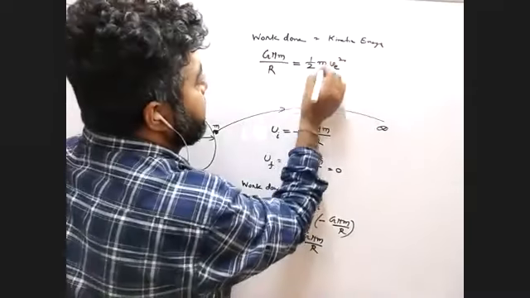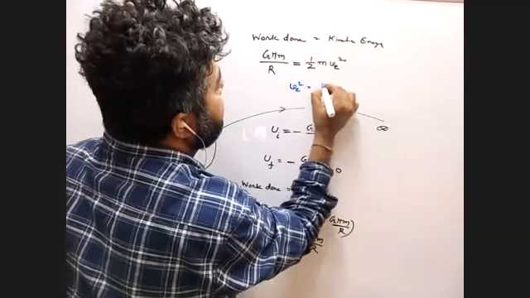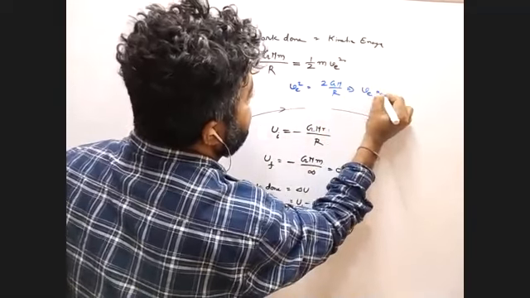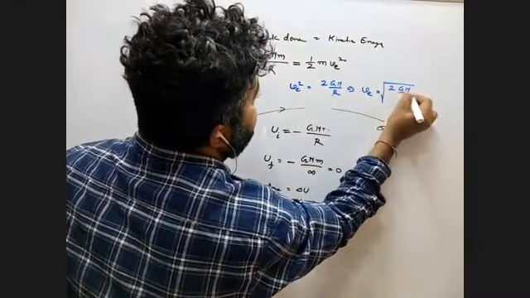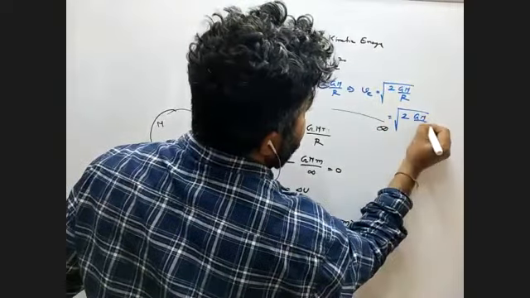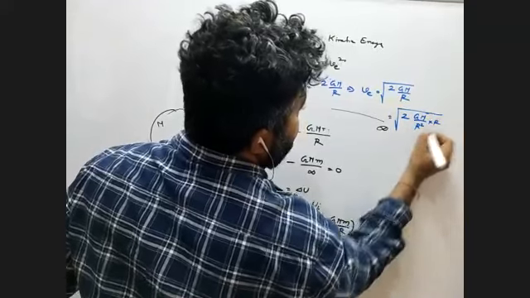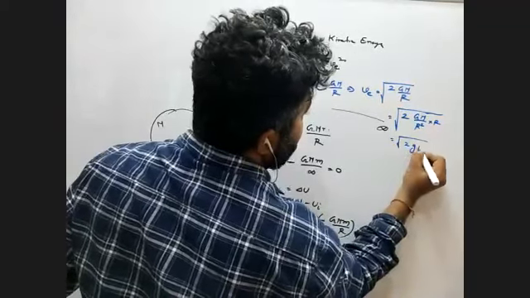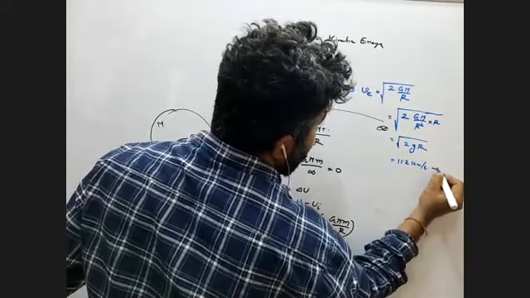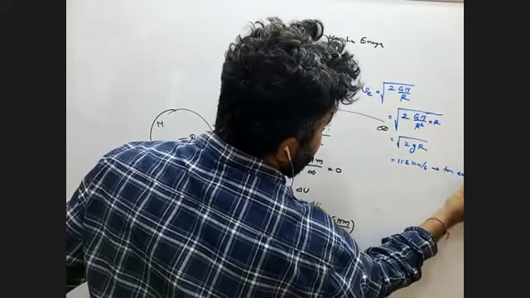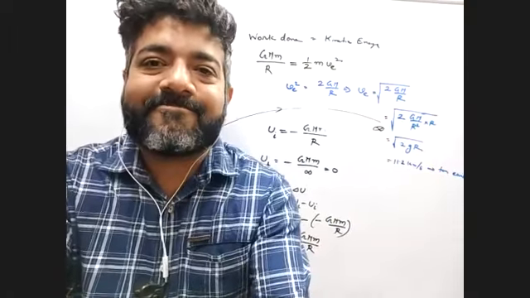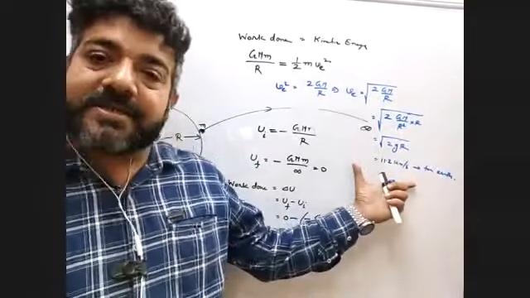So from that, m cancels, Ve square is 2GM by R, which means Ve is root under 2GM by R, which you can modify as 2GM R square into R multiplied by R divided by R. So you have root 2gR. So that is 11.2 kilometer per second for Earth. For other planets, your g is different, your radius is different. Is it clear? That part is clear?